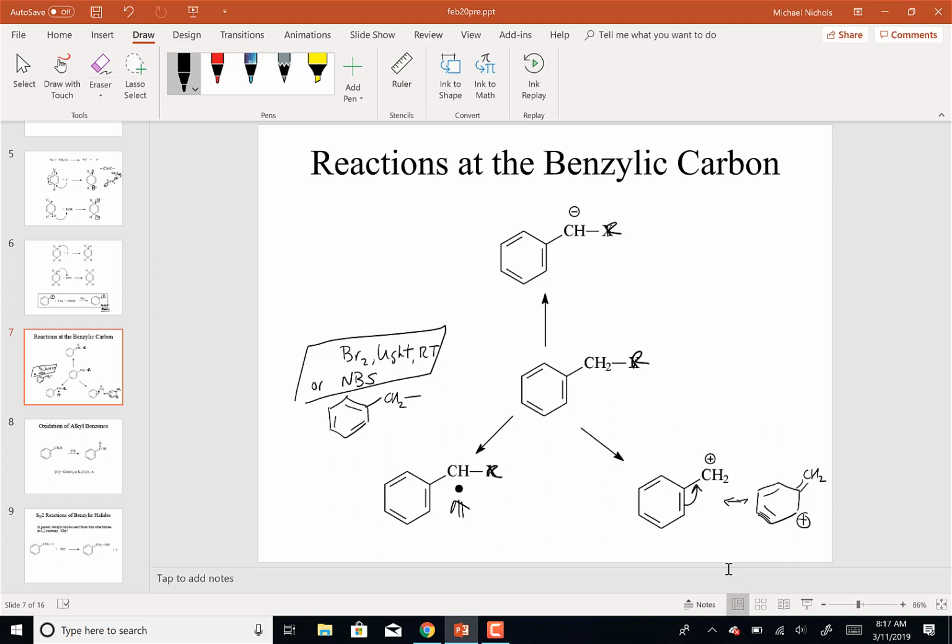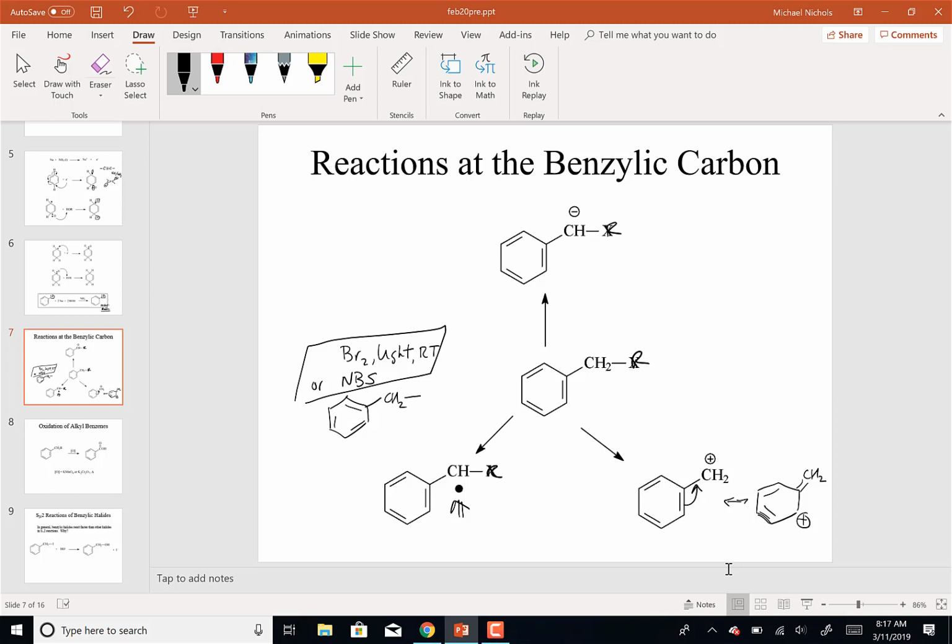And we'll see examples of those, and I'll probably give you a take-home quiz on Wednesday to draw all of those out. So the benzylic carbocation is stable because of all the resonance structures that you can draw off of it.